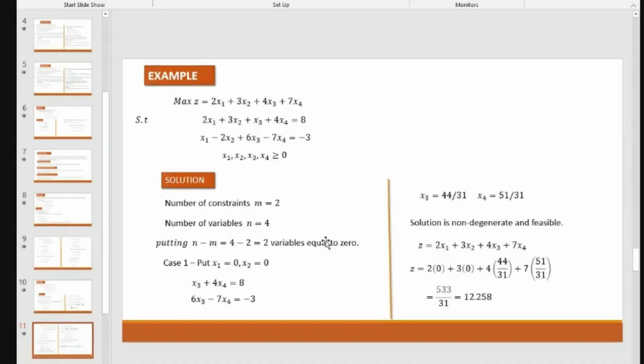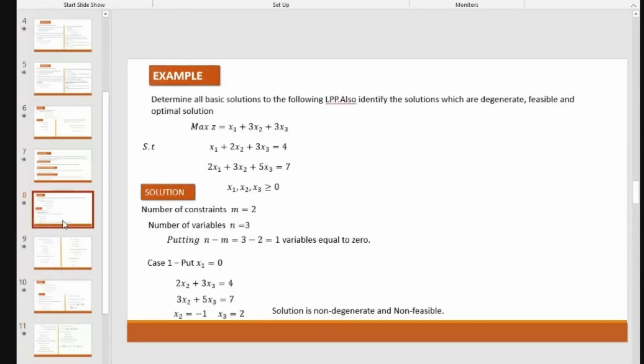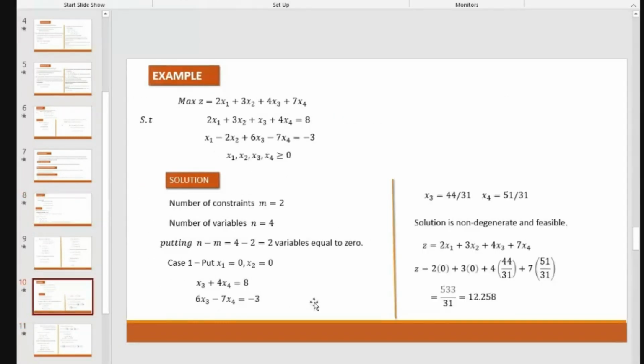So which problem is that? So what is the value? 17 point. Okay.